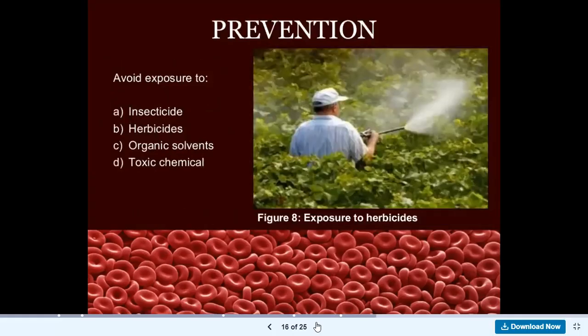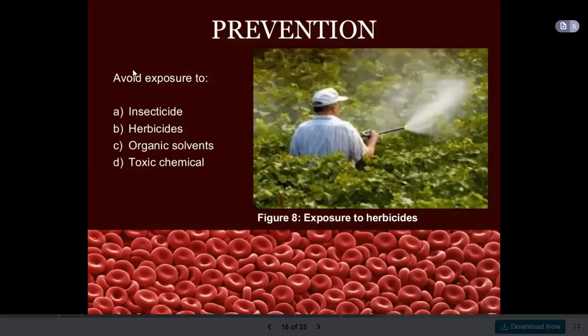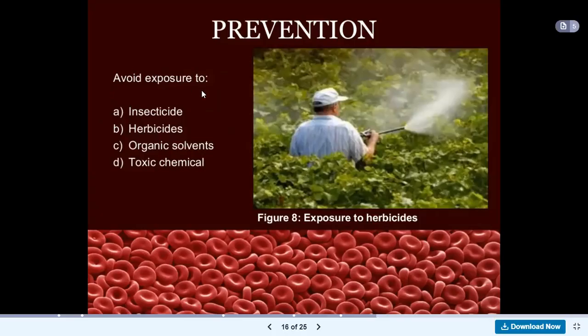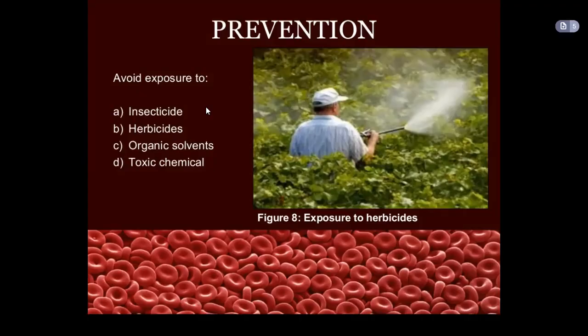Then how do you prevent aplastic anemia? So you prevent aplastic anemia by avoiding exposure to certain chemicals and whatever it is that caused the aplastic anemia.